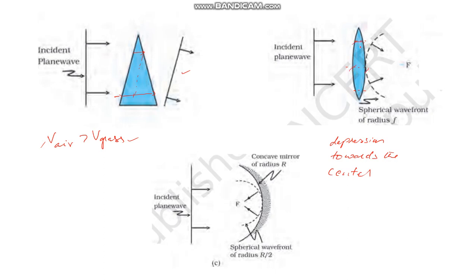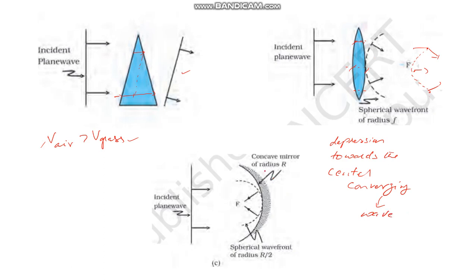So you will see that the top portion has traveled this much distance, the middle portion is like this, and it is like this. So there is a curvature. The wavefront will have a curvature whose radius will be somewhere in this direction. So that is the reason why when light rays enter through a convex lens, they are converging. Now this we have proved with the wave concept.